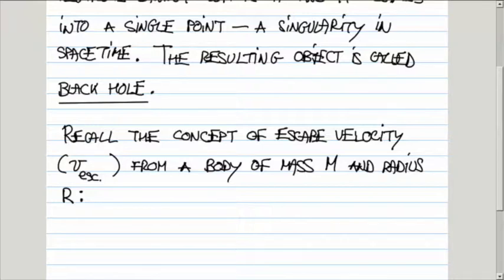Okay, so that's what escape velocity means. For instance, escape velocity from the Earth is about 11 kilometers per second. So if I want to launch something so it never comes back, I have to give it an initial speed of at least 11 kilometers per second. It will take off and never come back.